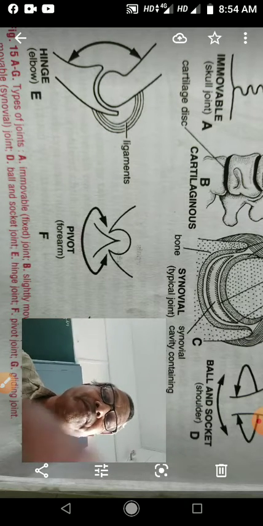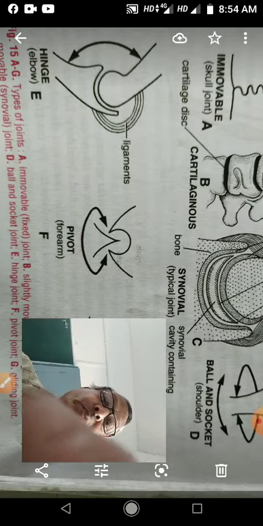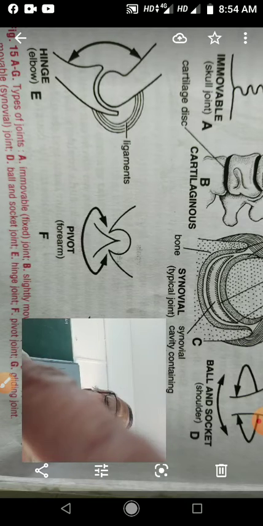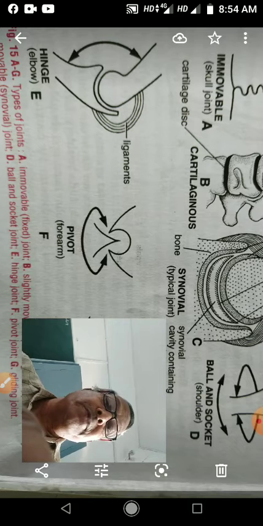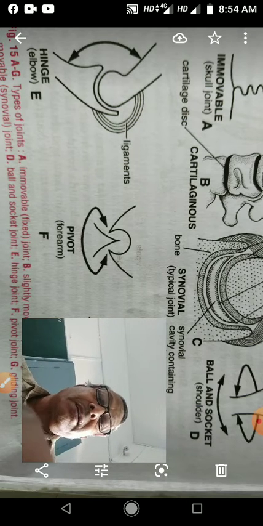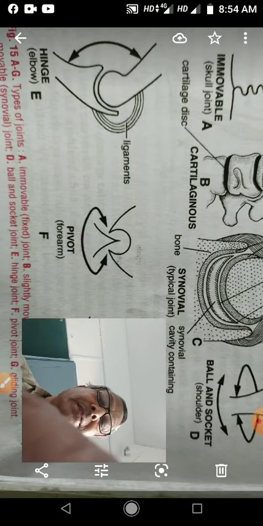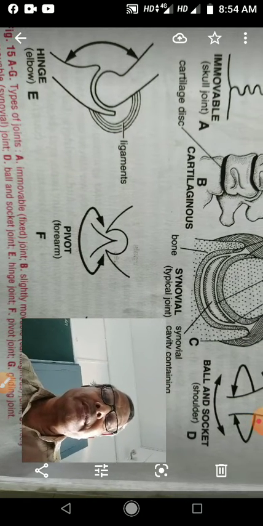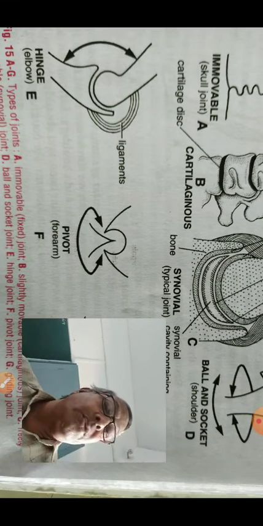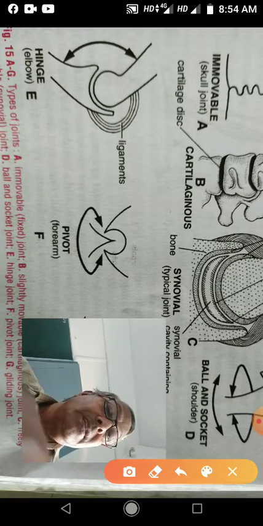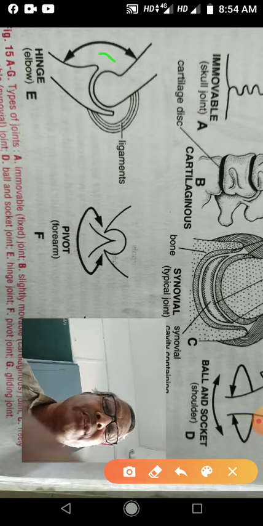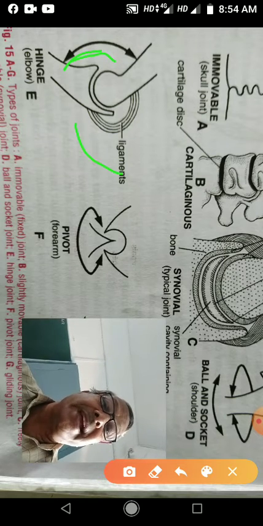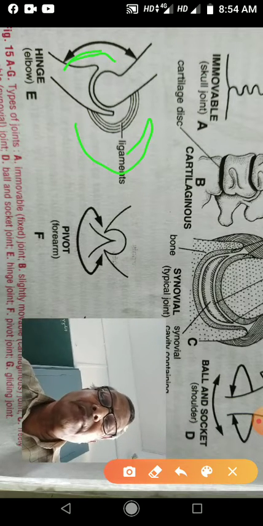At the knee, there is a joint between the femur and tibia-fibula, or there may be one between the humerus and radius-ulna. So that is the hinge joint. Movement is only in one plane. There is movement on this side, and no movement on this side.